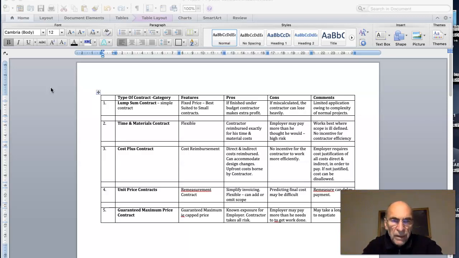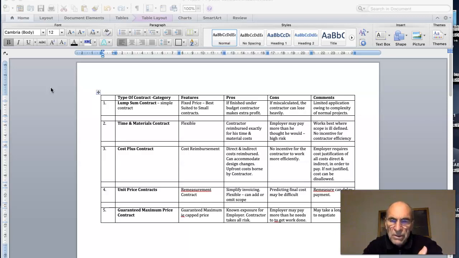And point 5 is a guaranteed maximum price contract. That is, the contractor caps the price at a maximum level to the employer. So the contractor is pricing into his guaranteed maximum the risk, and there's known exposure for the employer. He knows he won't have to pay more than the guaranteed maximum price amount.